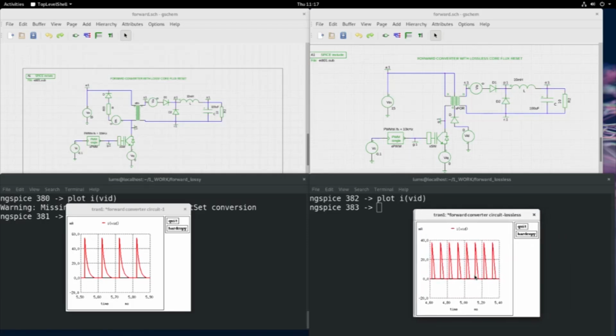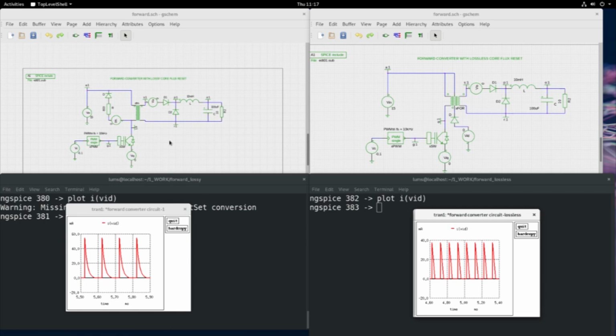So here you see that because the voltage across the demagnetizing winding is constant, L di by dt, di by dt, will be a linear fall, because the flux, N d phi by dt, phi is also a linear fall. So here you see that in a fixed amount of time the core will reset, as we have seen in the theory and theoretical waveform.